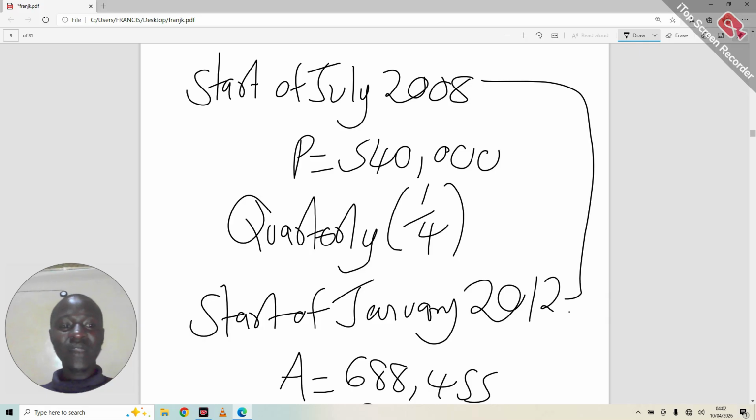Now, let's have this. Start of July 2008 to the start of January 2012. The start of January 2012, that year is not included. But the start of July 2008, that year has been included in some part. So let's have it manually. Count the number of months remaining for the year 2008 to end.